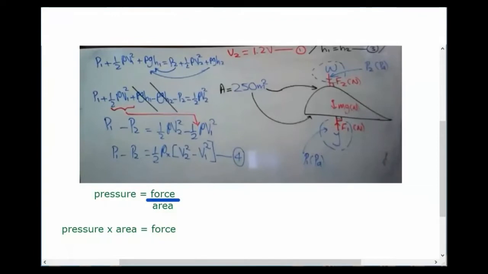Forces are formed on both upper surface and lower surface of both wings.